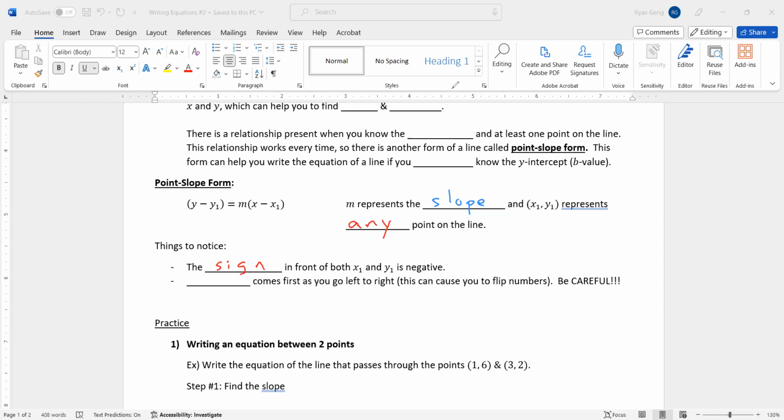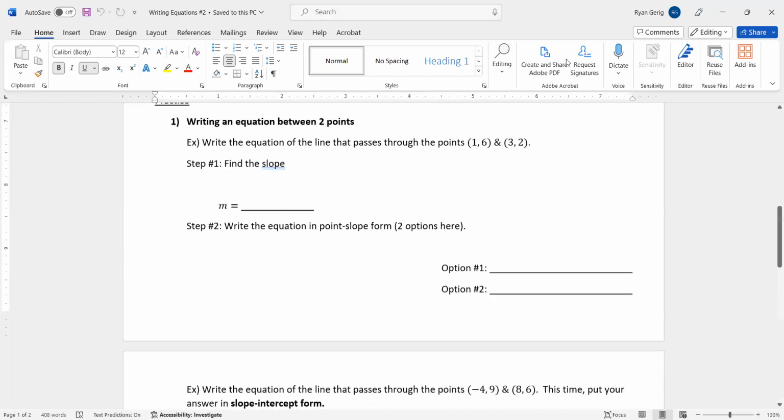The second thing I want you to notice is y comes first as you go left to right. Now, if you don't recognize that, it's very easy to swap these two. Put the x value here and put the y value on the other side. Okay, you got to be very careful of those. Those are the two big things I see people mess up on, is the signs and switching the x and the y.